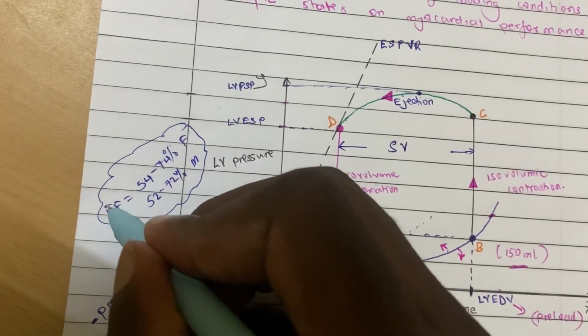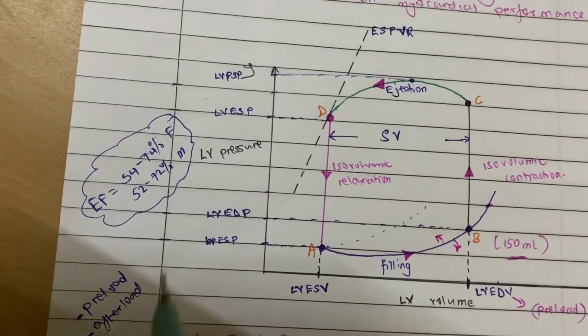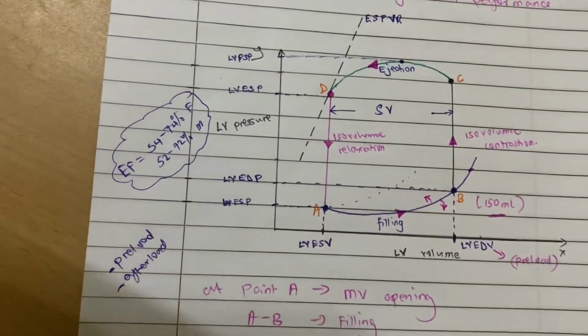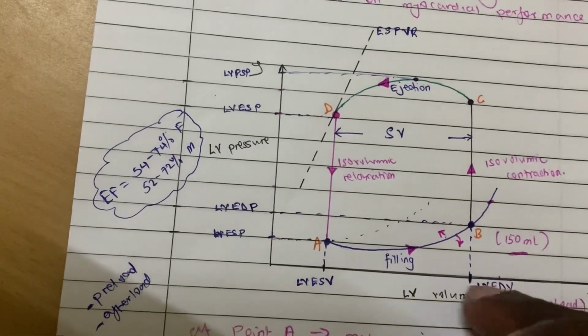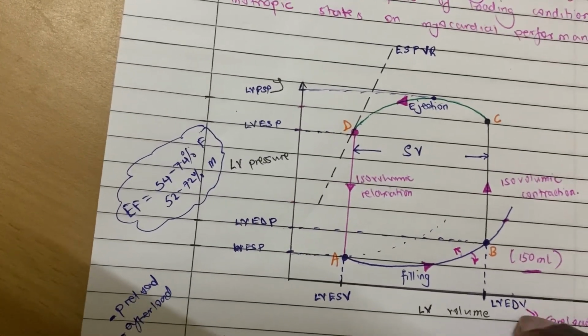Normal ejection fraction, EF, is supposed to be this.